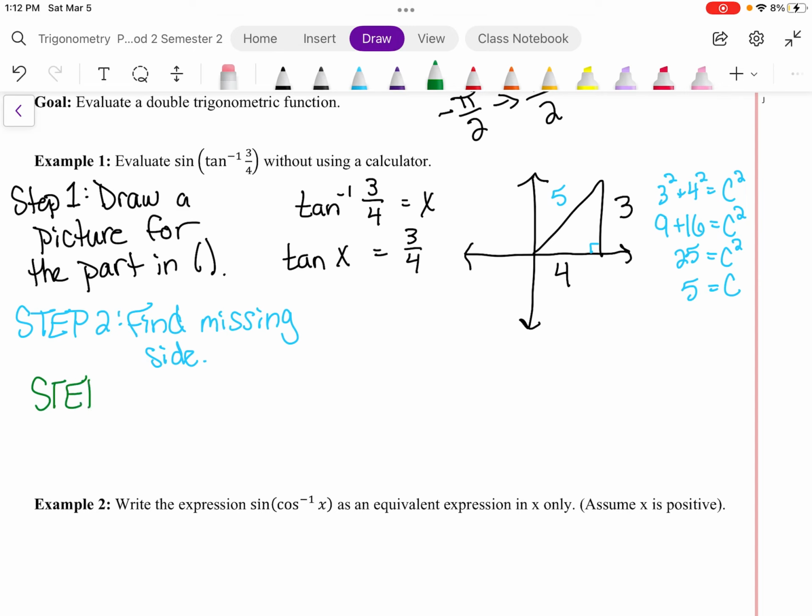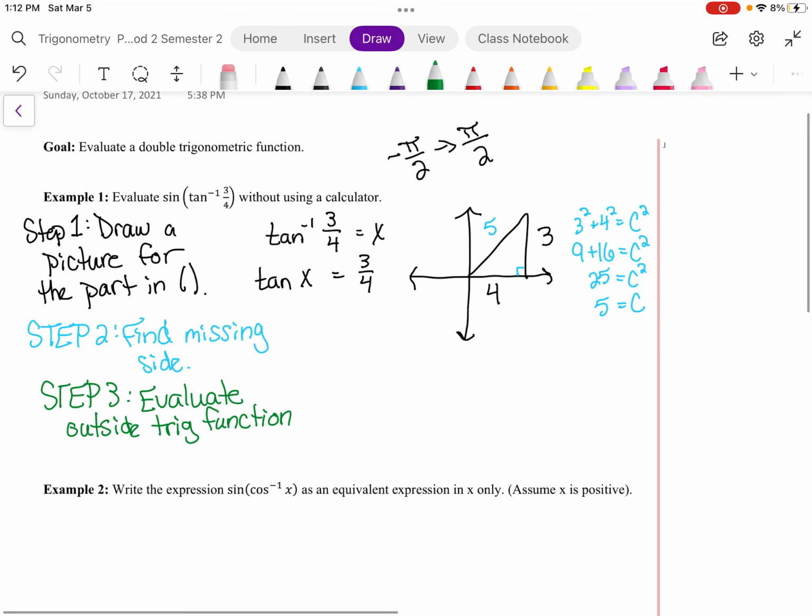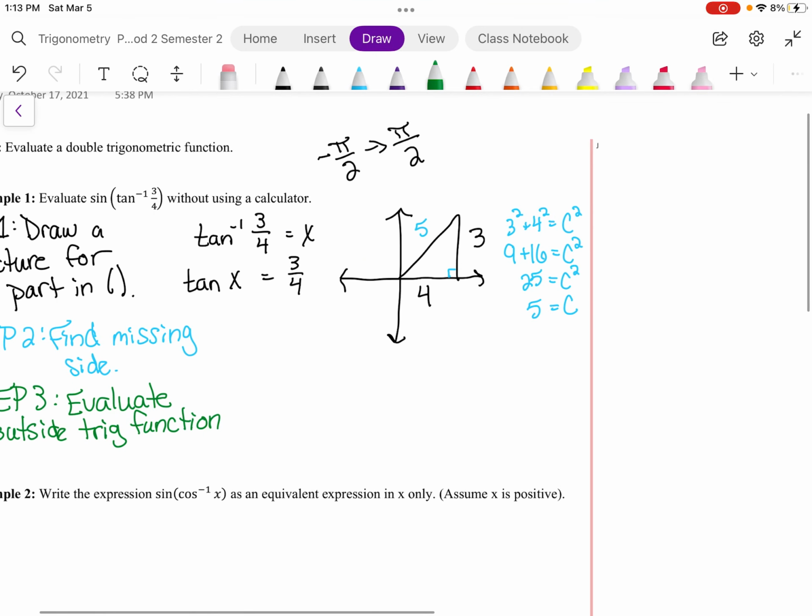Then our final step, 3, we are going to evaluate the outside trig function. So our entire problem, the first equation, was sine of the inverse tangent 3/4. And we were figuring out what that equals.